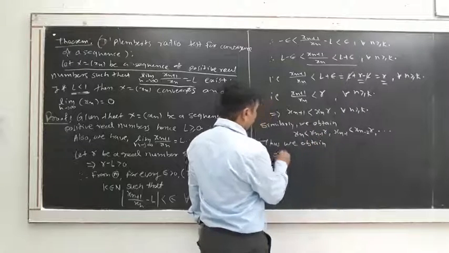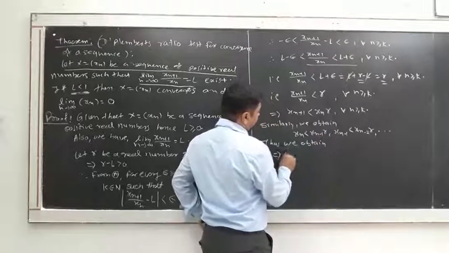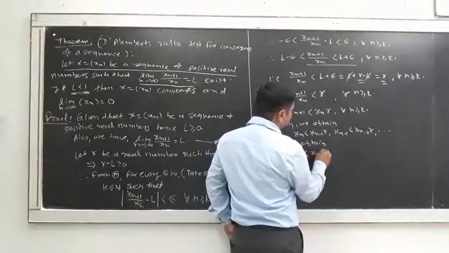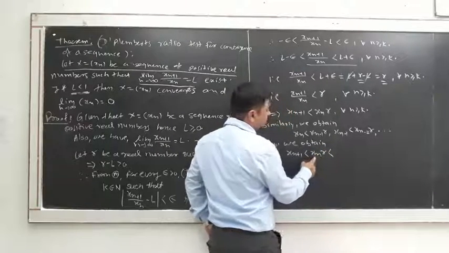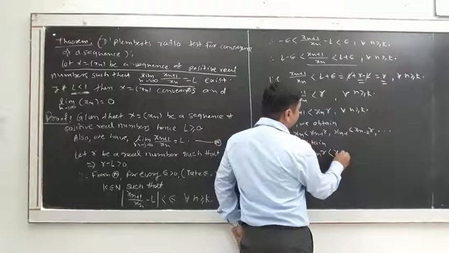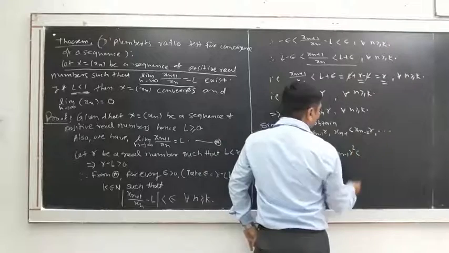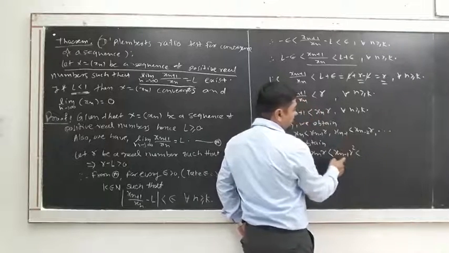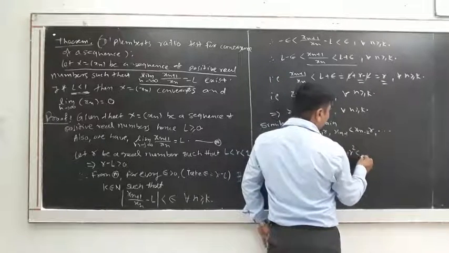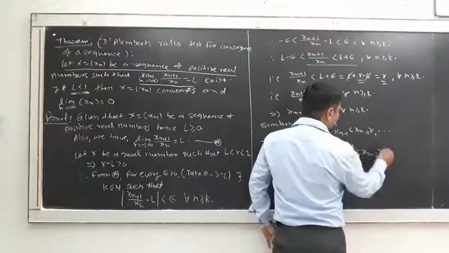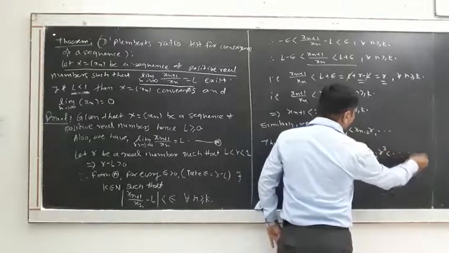So we obtain xn+1 is less than xn times r, and if you put the xn value, xn-1 times r, then r into r is r squared. Again if you put the xn-1 value here, we get xn-2 times r, and r into r squared is r cubed, and so on.